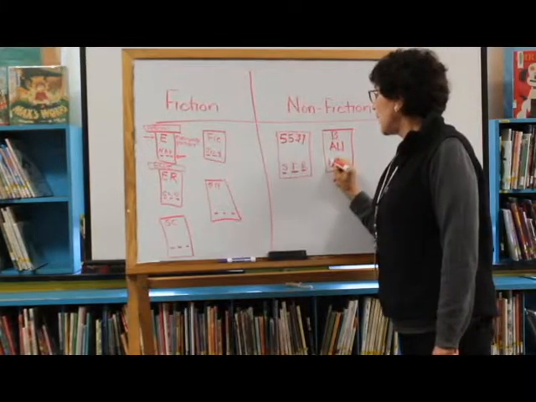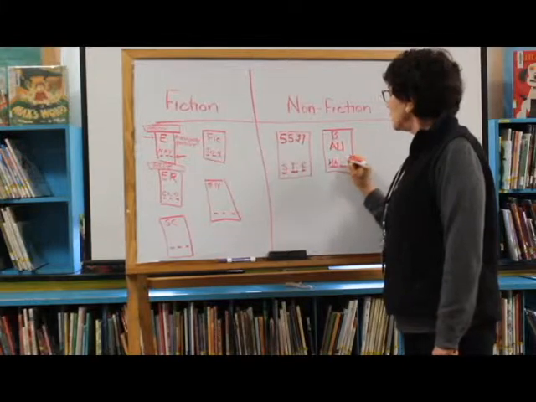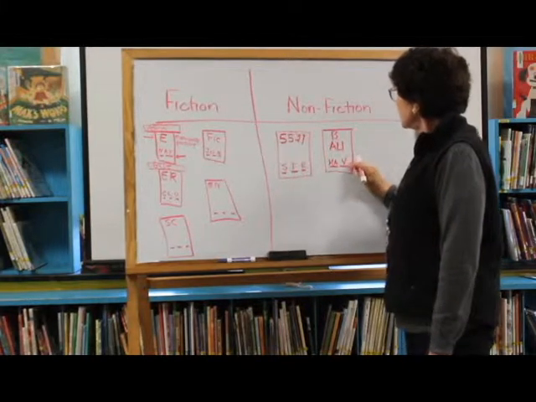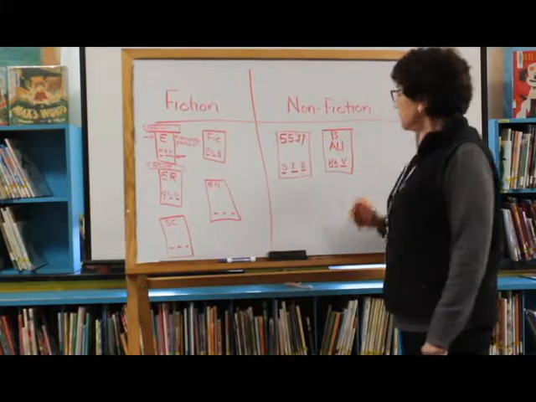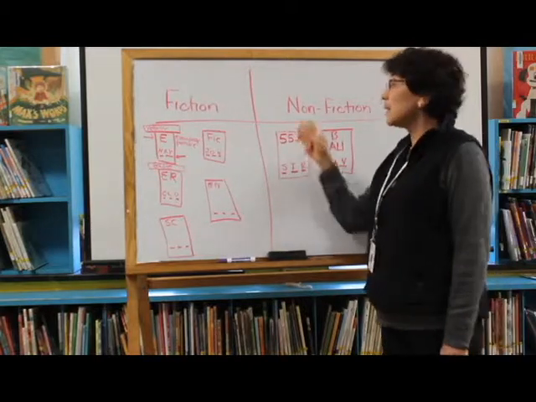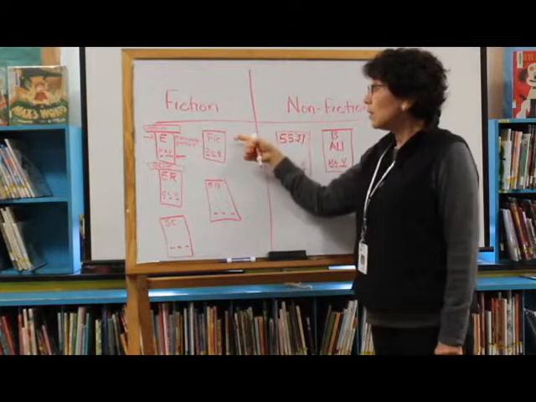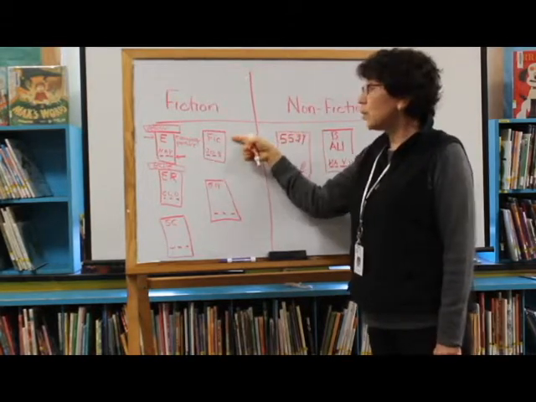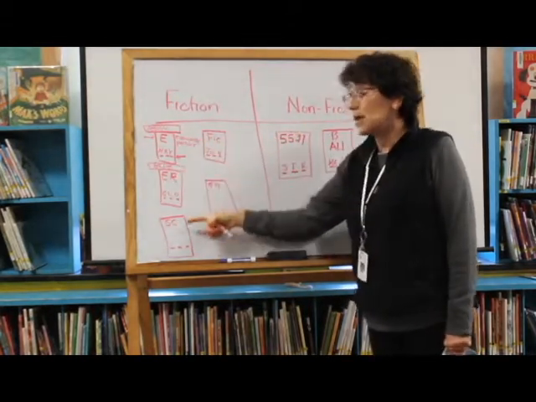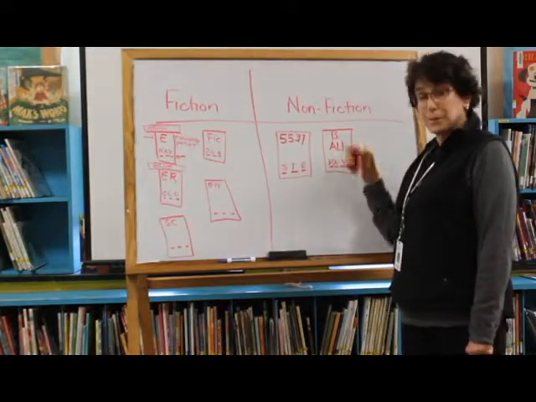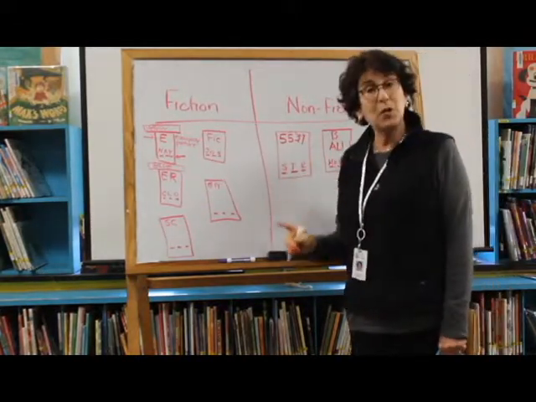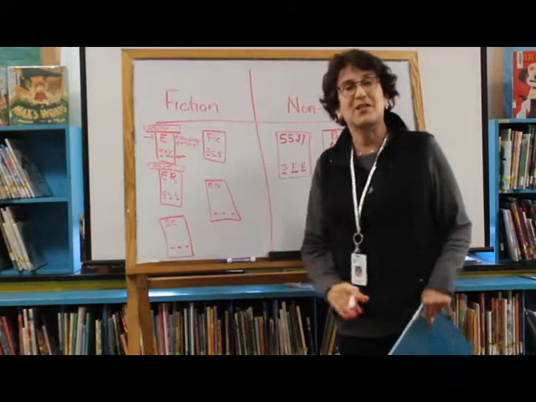And I'll just say I'm the author of one of them. So that's basically how the library is set up into sections. Again, the location is always determined by the first line on the spine label. Next we'll go into where in the library these sections are.